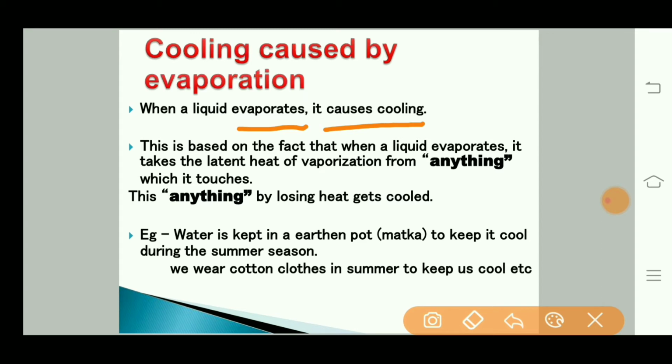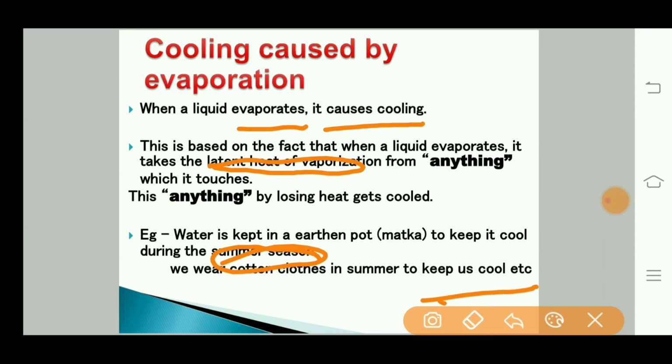This is based on the fact that when a liquid evaporates, it takes heat, that is called latent heat of vaporization, from anything which it touches. This anything, by losing heat, gets cooled. We have the example, water is kept in an earthen pot to keep it cool during the summer season. We wear cotton clothes in summer also to keep us cool and comfortable.